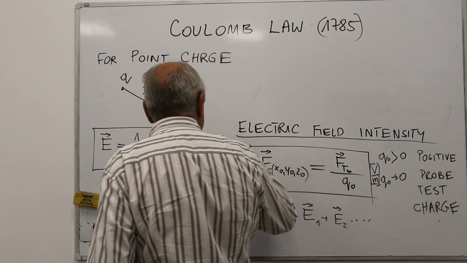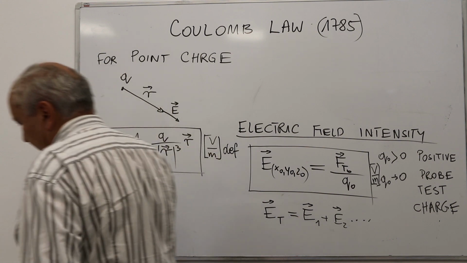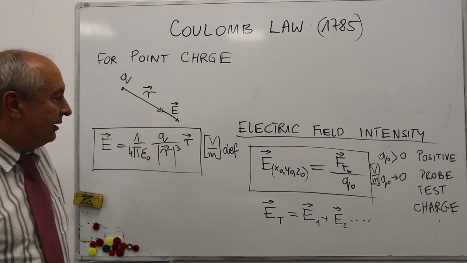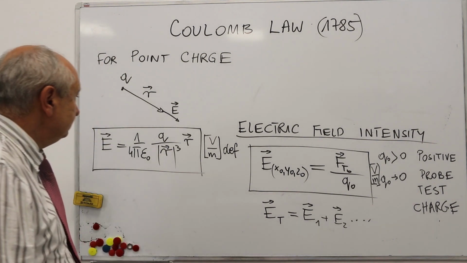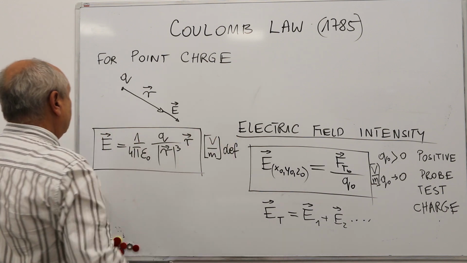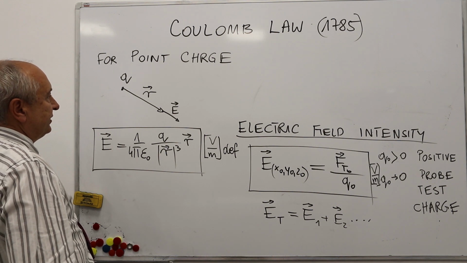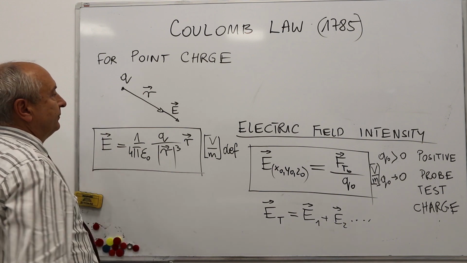Please remember this, because we always check the correctness of our result by checking the unit. So this is the value of electric field intensity at the distance of r from the point charge Q.